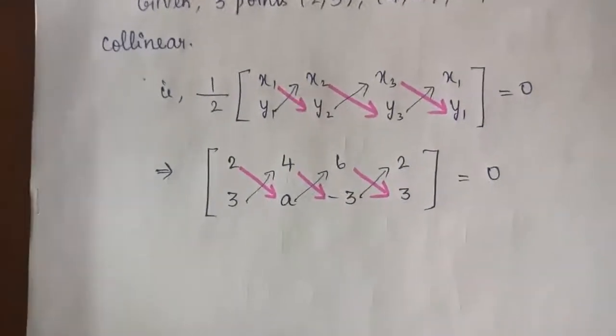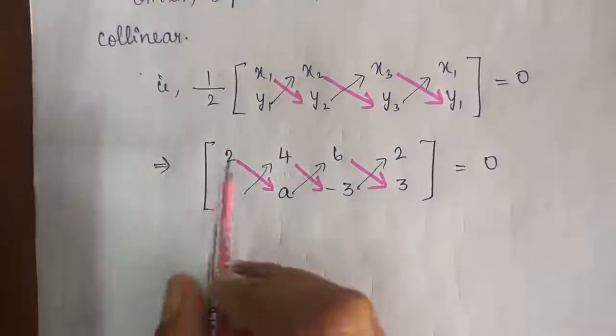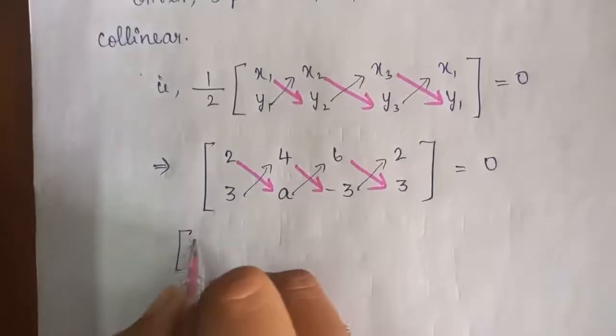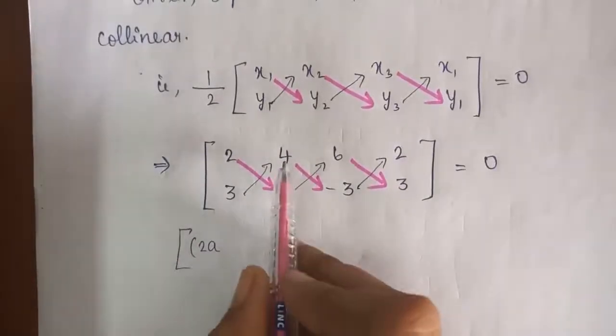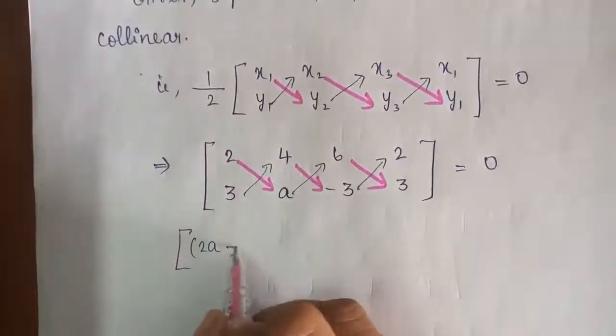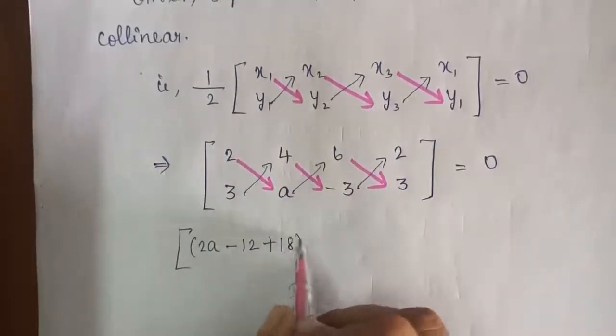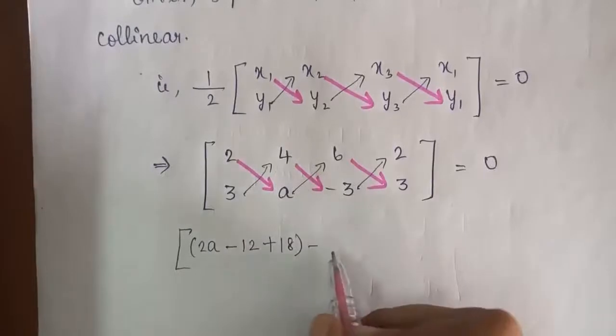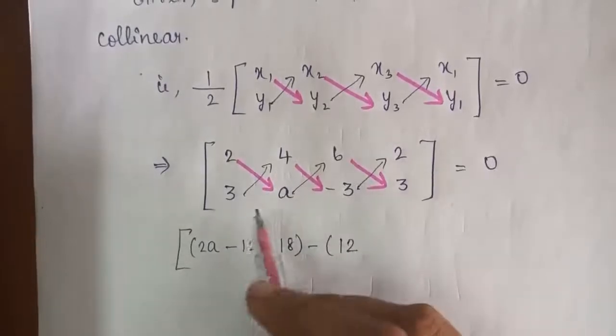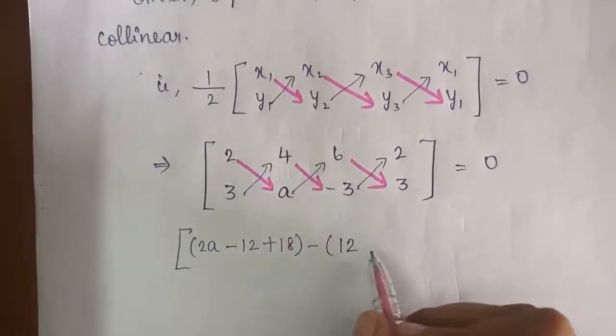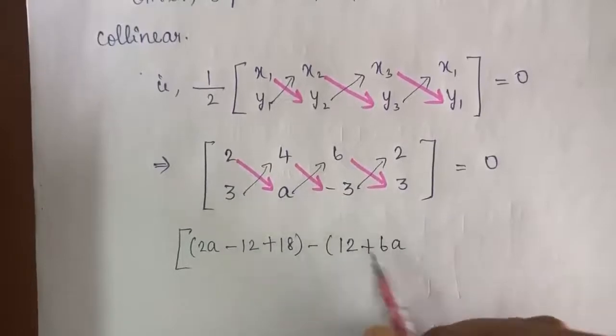The next step is you have to do the multiplication. So 2 into a is 2a. 4 into minus 3 is minus 12. 6 into 3 is plus 18. Minus 4 3s are 12. A into 6 is 6a, plus 6a.